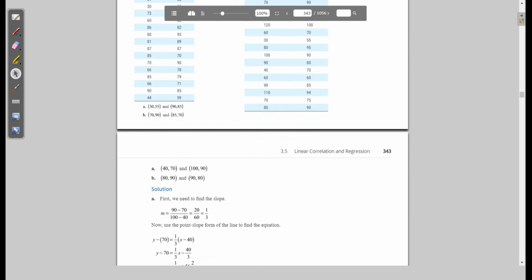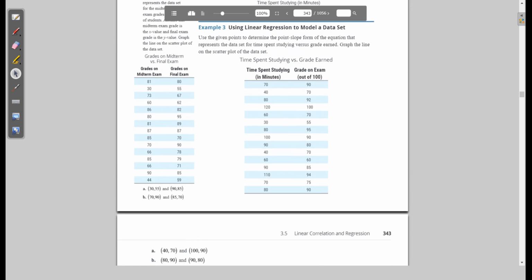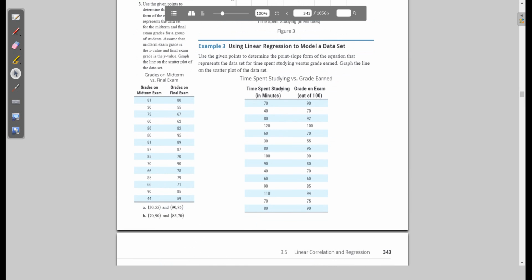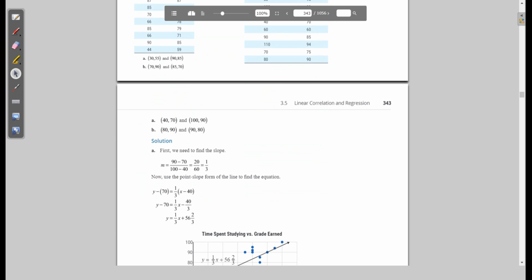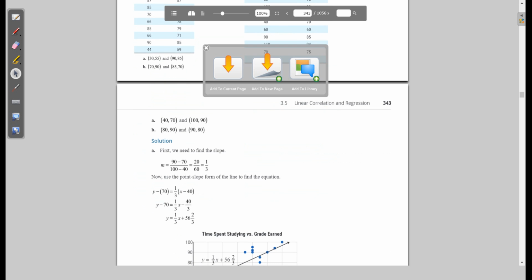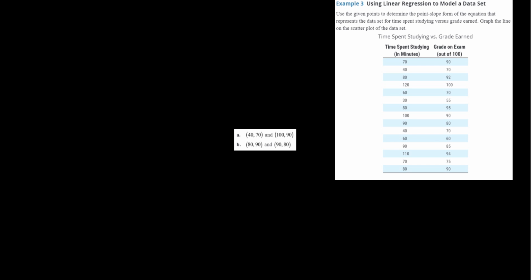Alrighty, so next up, it's our turn to do a little bit of computation here. Alrighty, so the problem reads, use the given points to determine the point slope form of the equation that represents the data set for the time spent studying versus the grade earned.